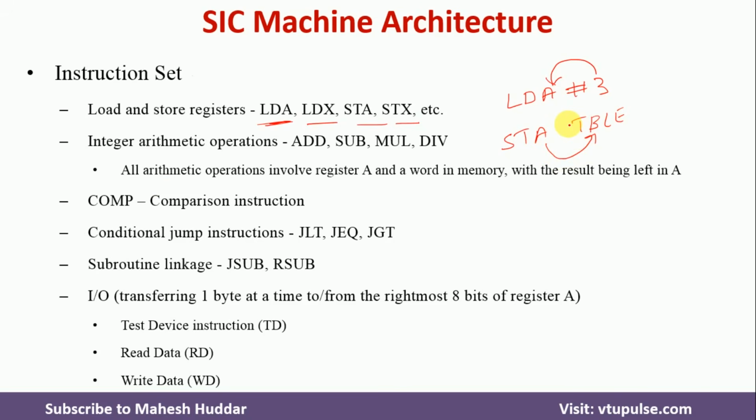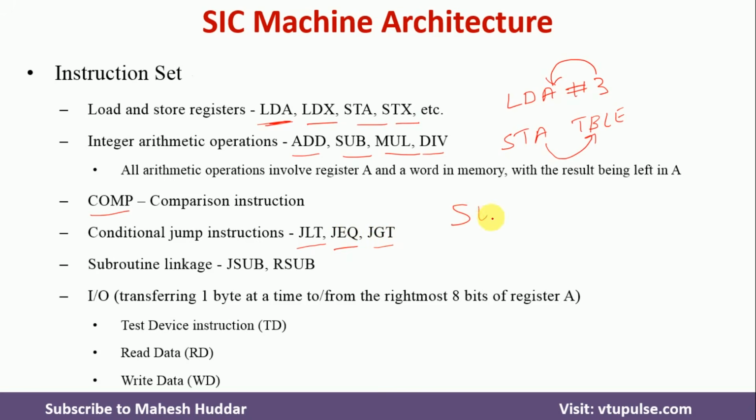As simple as that. Now there are arithmetic operation instructions: add, sub, mul, and div. There is a comparison instruction called COMP. If you want to jump from one subroutine to another, you can do some checking and then jump, for example jump less than, jump equal to, jump greater than.